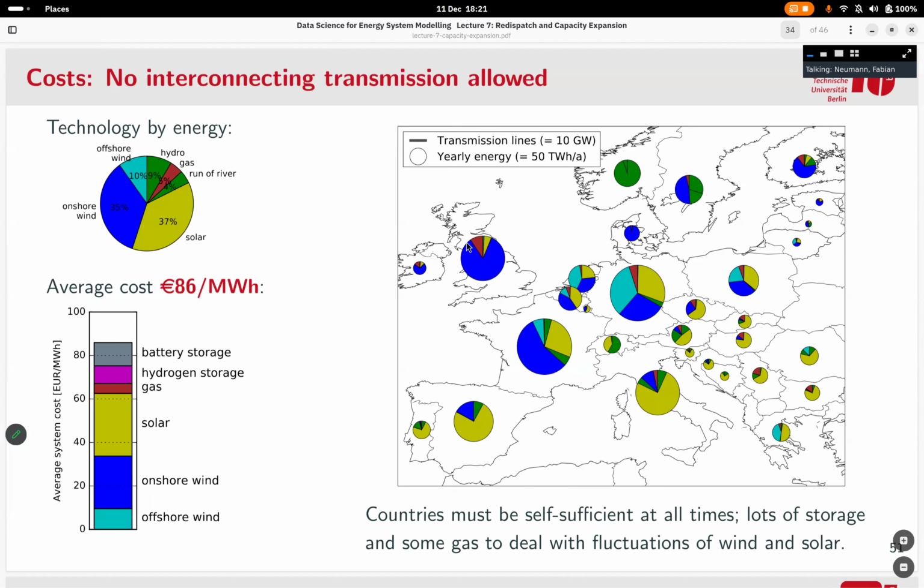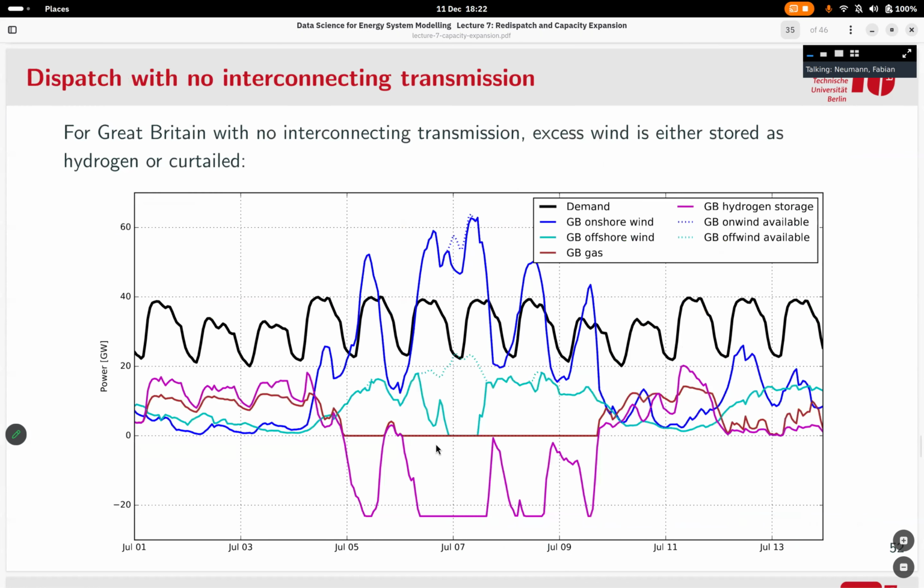And it starts with this hypothetical case, which is not how it is in reality today, that all the different countries are isolated and have to get to 95% carbon reduction, and the only fossil generator they have available is gas. And then you have costs of like 86 euros per megawatt hour, certain fractions of battery, hydrogen storage, wind and solar. And then each of the countries must balance their load independently.